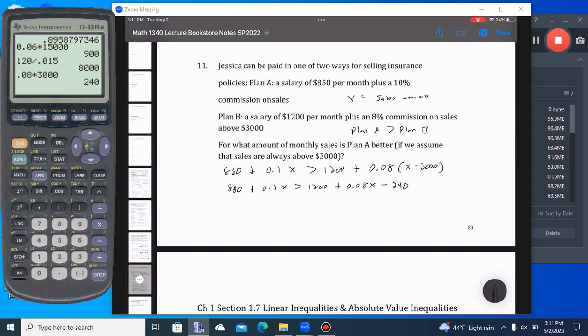All right, so we'll subtract over the 0.08x, we get 0.02x greater than, and then subtract over the 850, so we get 1,200 minus 850 minus the 240, you get 110. And then divide by the 0.02.